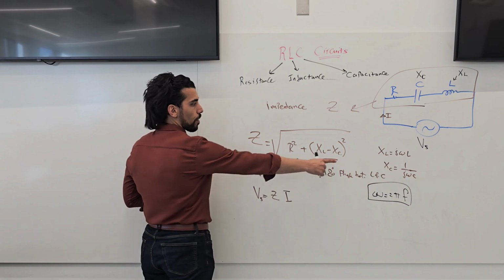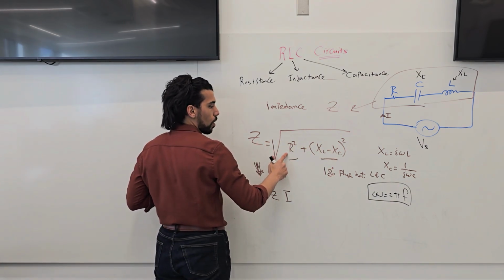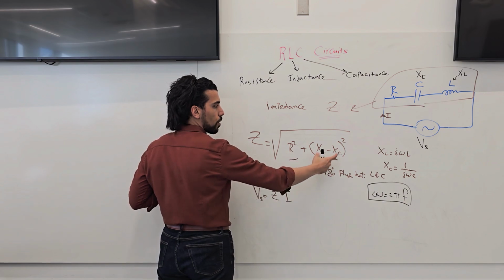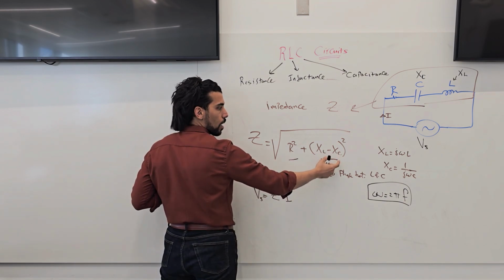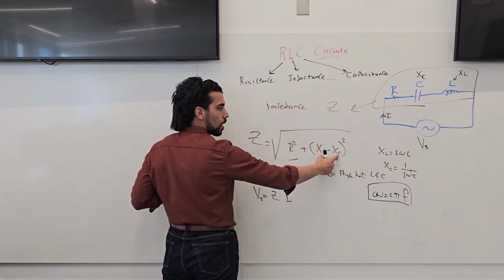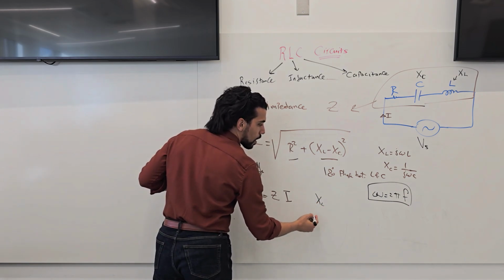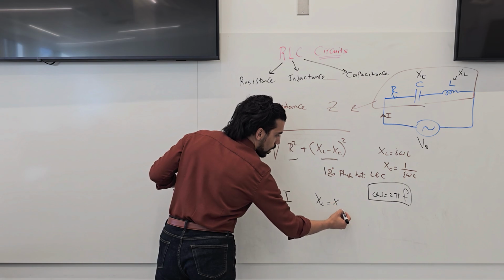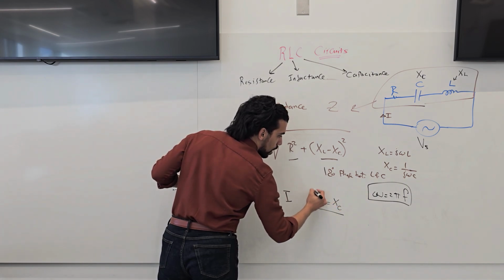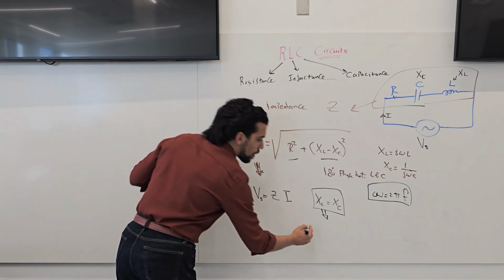So from this equation, we can see that R is always the same, but here we have a subtraction process, which means that this could be equal to 0 in some way. Okay, so when the XL, the inductive reactance, equals the capacitive reactance, at this point Z is going to be minimum.